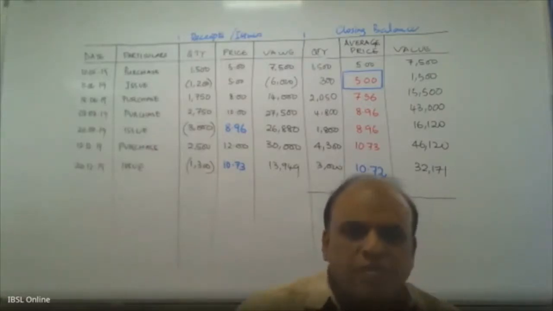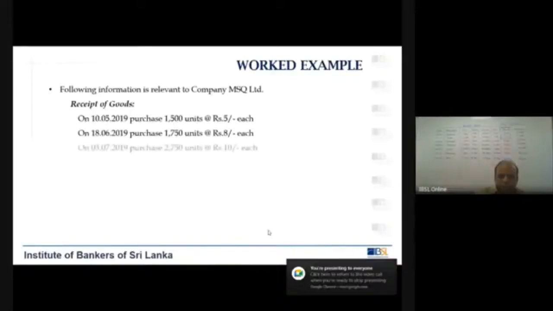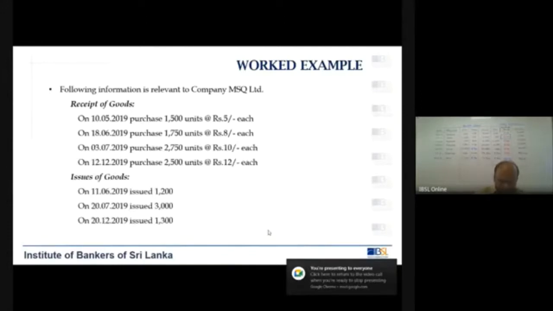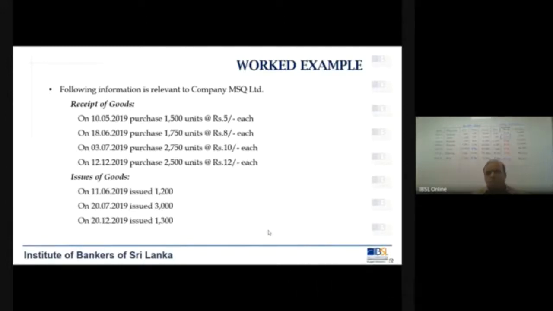So the combination that we had in the previous scenario, under the FIFO method, is a combination of the very old stocks at their respective prices. But here what we have is a reflection of the average prices of all outstanding units that we have.